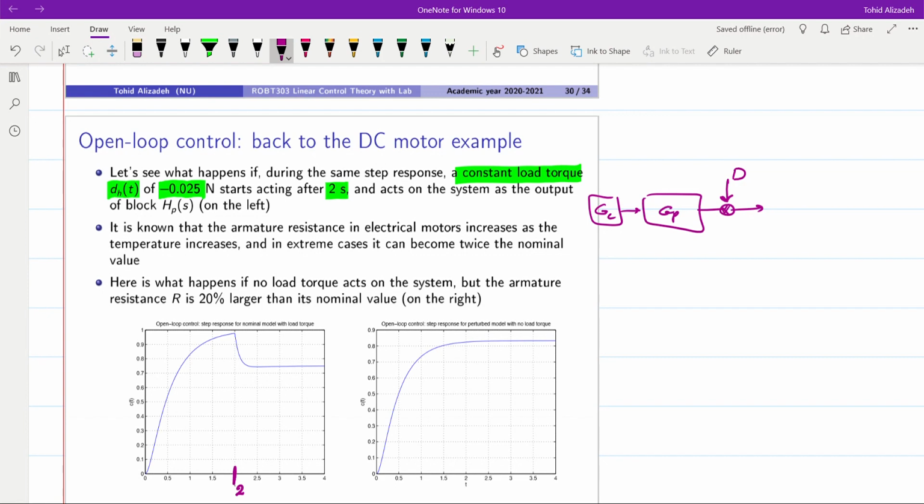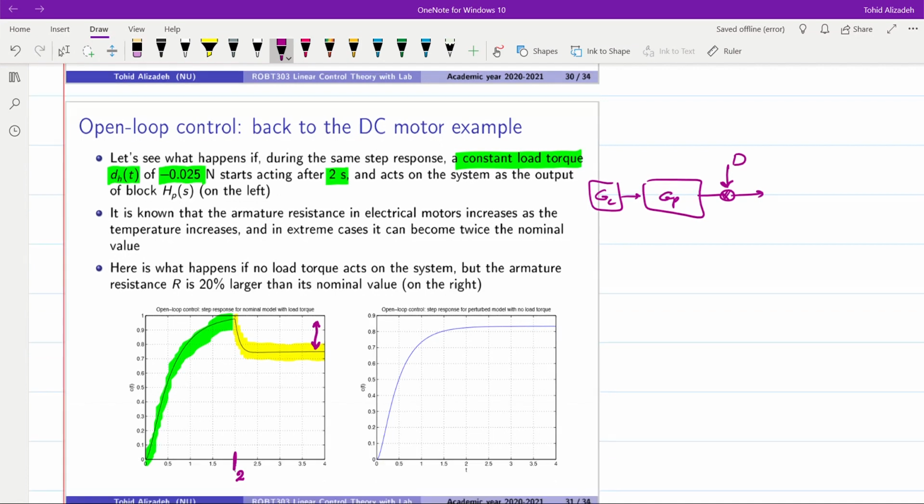Until that 2 seconds, you can see that the output is basically the same as what we had in the previous slide, but right at that moment when the disturbance happens, you see that the behavior of the system changes. Instead of reaching 1 at the steady state, the output goes down and it reaches 0.775, somewhere like that. And therefore we will have this steady state error. The steady state error will not be equal to 0. So this is the case when we have the disturbance.